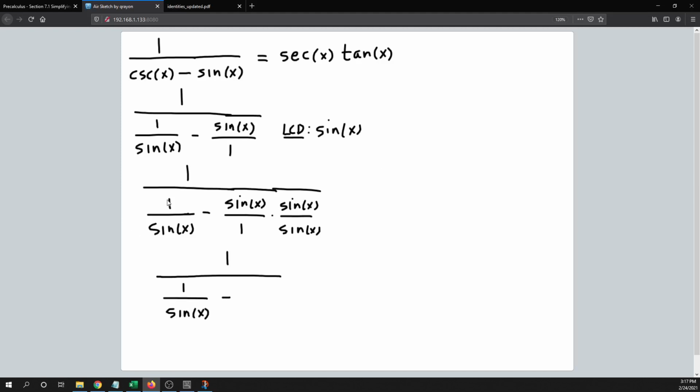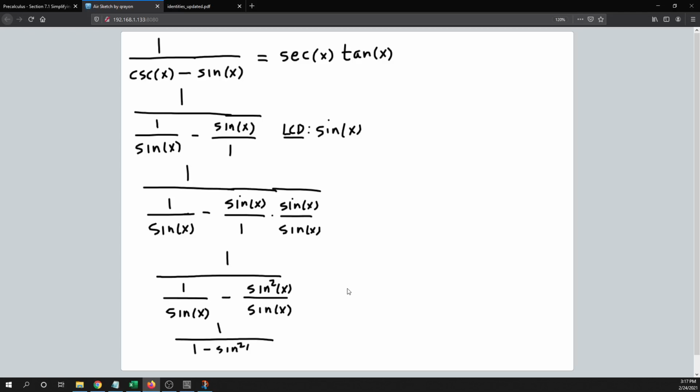So there's nothing to do with this fraction over here but rewrite it. Here I can multiply these two fractions. Sine x times sine x is sine squared x. 1 times sine x is sine x. All right, so now these two fractions in the denominator of the big fraction have a common denominator. Then I can combine them into a single fraction.